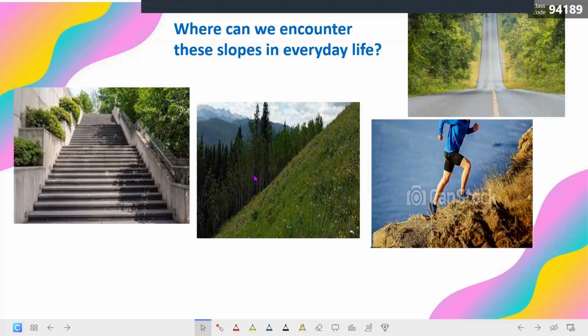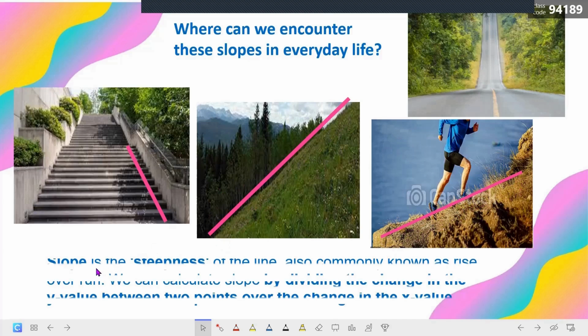To represent the slope in these pictures, we draw a line along this inclination, following this path. These lines are inclined or slanting. In other words, they show the slope or steepness of a certain object or a certain place.